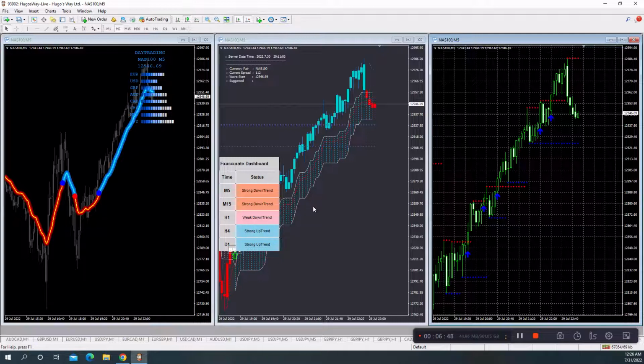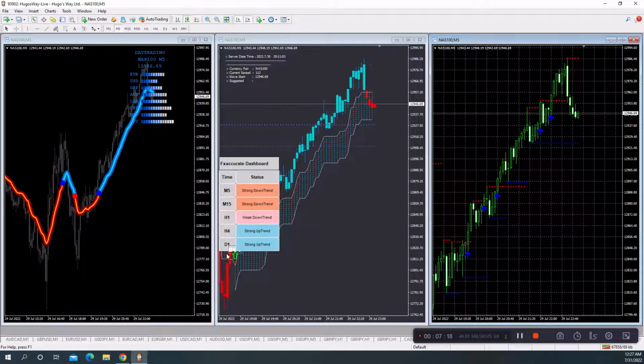This particular indicator here, I pretty much only use it, or monitor it, for two small things. Number one, it shows each particular time frame, and whether it's a strong up or down trend, as well as whether or not they're weak. These are good to know when you're deciding whether or not you want to get into a trade, and which way you should go. Again, I usually follow the uptrend, but I have gotten in with downtrends.